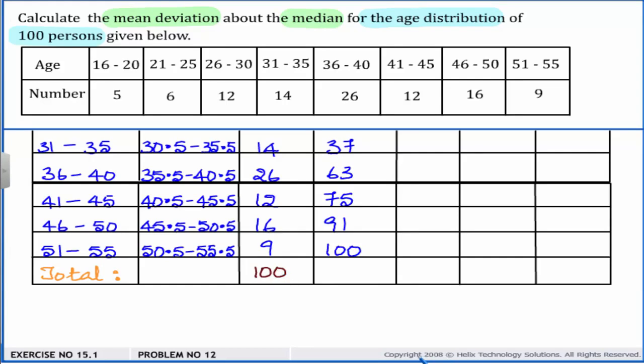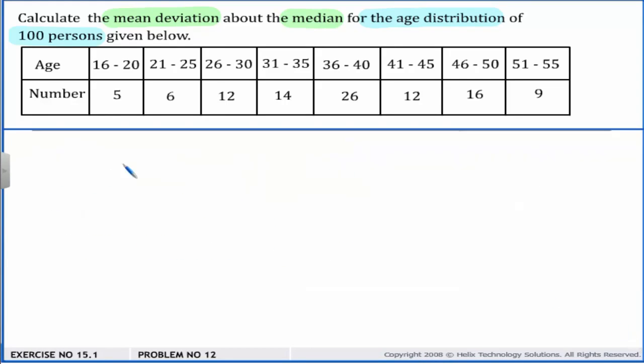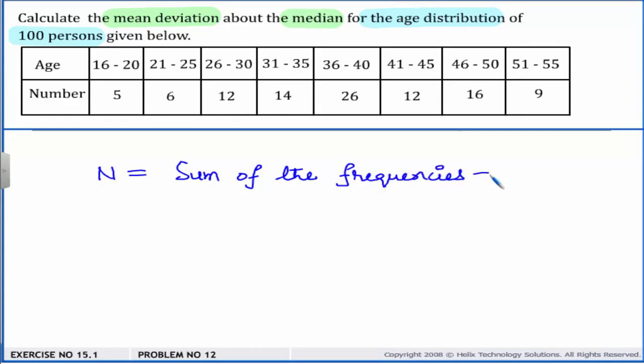Therefore, we have capital N is equal to sum of the frequencies is equal to 100, which is even. Implies we have n by 2 is equal to 100 by 2 is equal to 50.